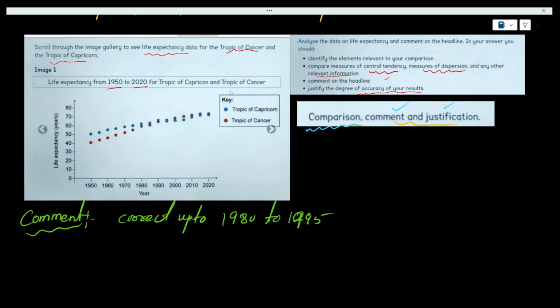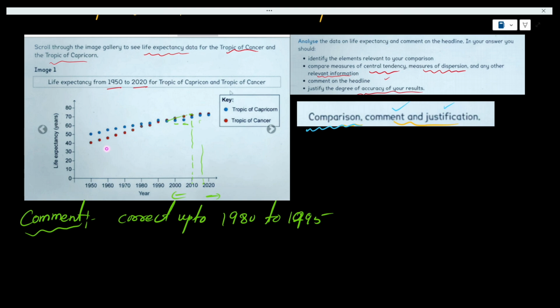But if you see slowly in between, here it is greater, because from 2000 till 2010, and 2015 till 2020, from 2000 to 2020, the gap between their life expectancy is gradually decreasing.